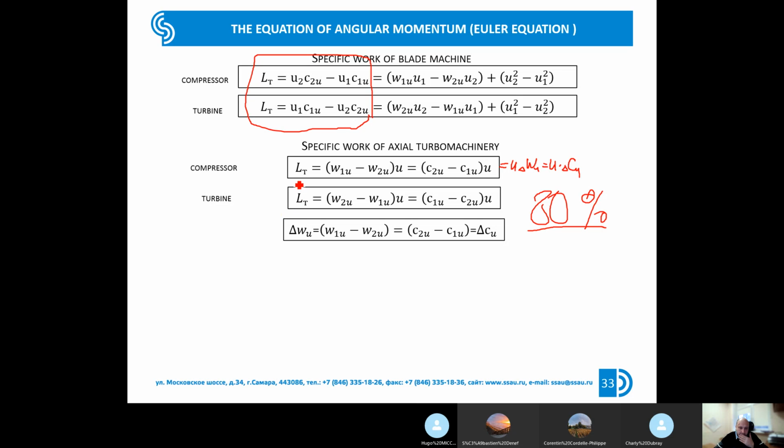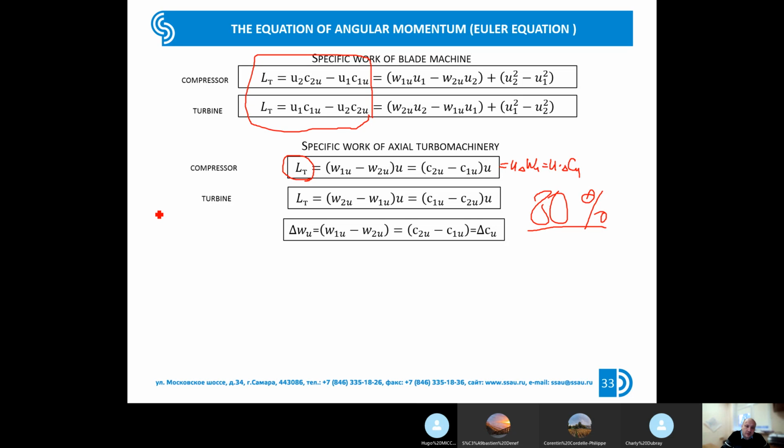First, before we discuss the application, let's discuss what LT means. LT is the specific work which is applied on the blades.